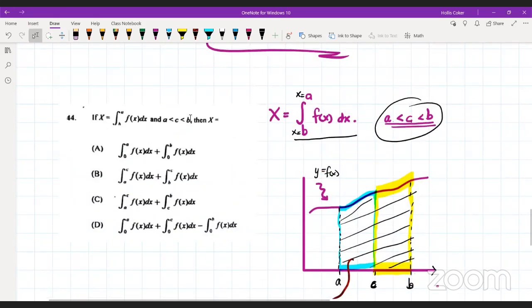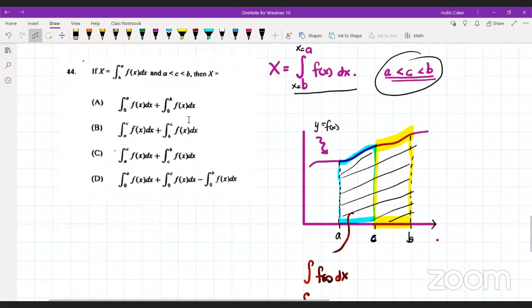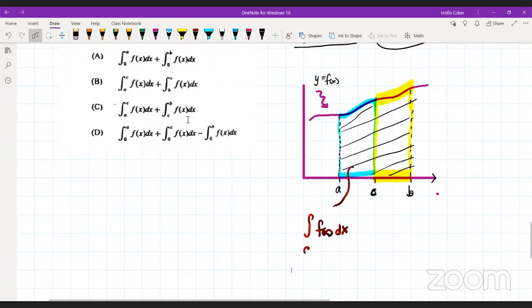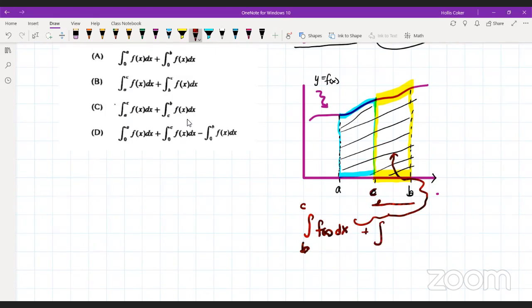And A was less than C, which was less than B. So I'll just make it from B to C. That gives me this area here, going from B to C. And then I add from C to A, and that'll be the overall area.